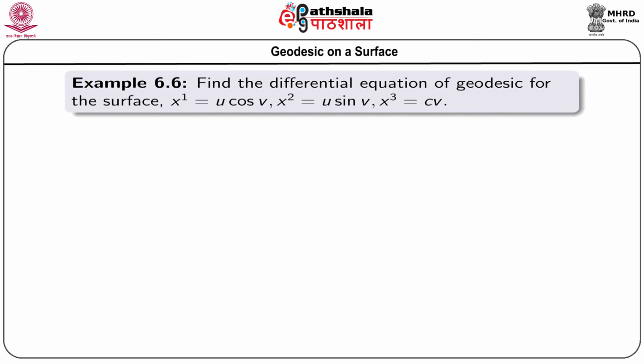That means, we are trying to find the differential equation of geodesic for a helicoid. We can also denote this in the form r equals (u cos v, u sin v, c v).